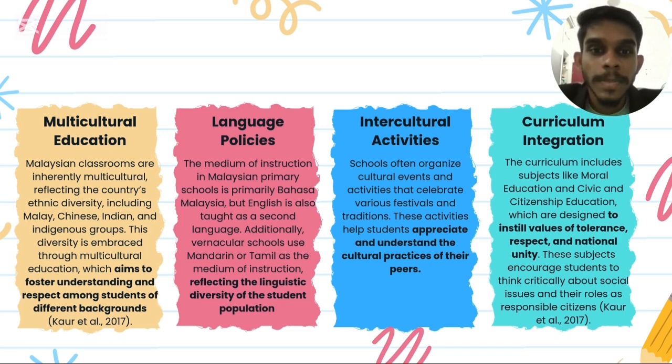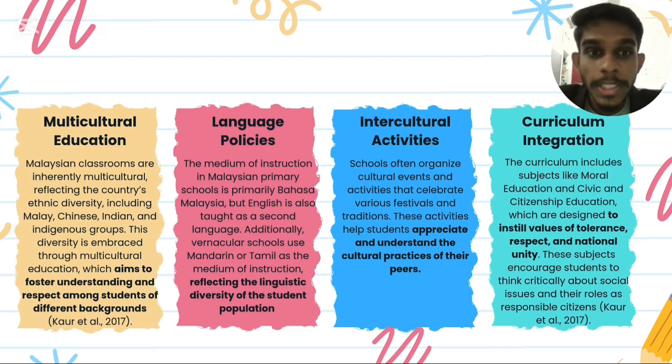Language policies. The medium of instruction in Malaysian primary schools is primarily Bahasa Malaysia, but English is also taught as a second language. Additionally, vernacular schools use Mandarin or Tamil as the medium of instruction, reflecting the linguistic diversity of the student population.